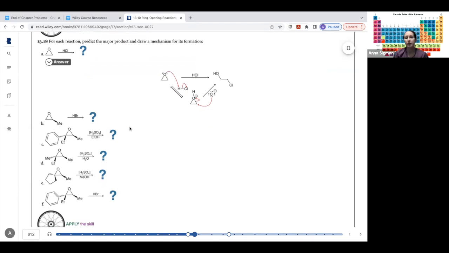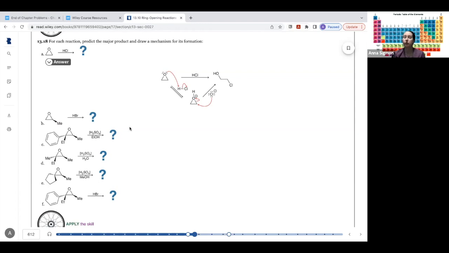So for all of these, B through F, I want you to try to figure out the product and then take a picture of what you drew as the product, paste it into the chat, along with an explanation of how you got that product. Now remember that when we're in acid, the regiochemistry can change. When we have a strong nucleophile, and the last set of problems, the nucleophile always adds to the less hindered carbon.